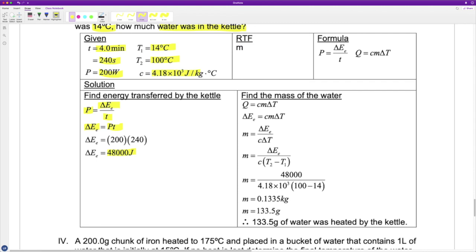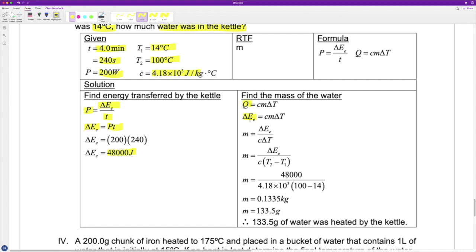That's actually a bit of a lie, because some of that energy is going to go off into the environment. So it's not a perfectly closed system, but we're in physics law land here. So we'll just assume that the kettle is 100% efficient, which it is not, and all the energy goes to heating up the water. So again, this Q is the same as the change in the electrical energy.